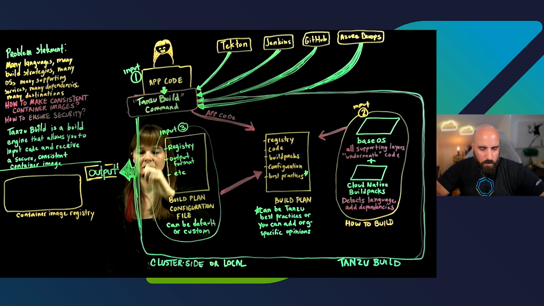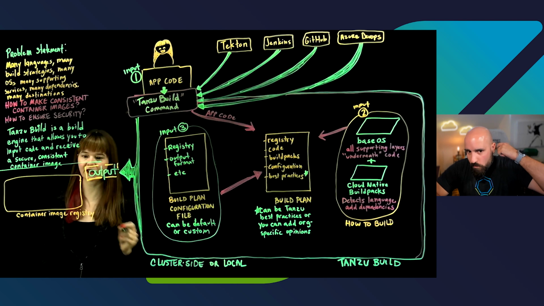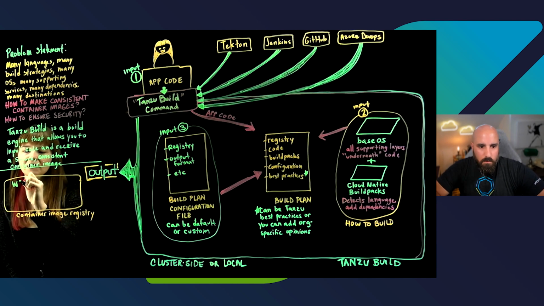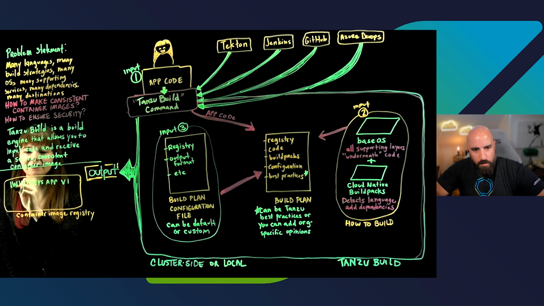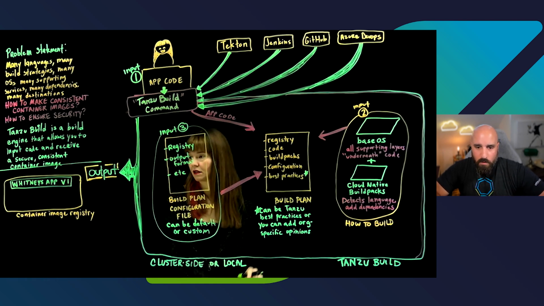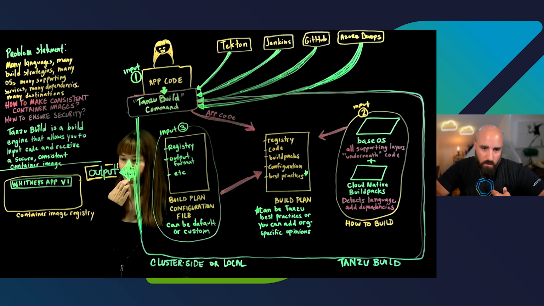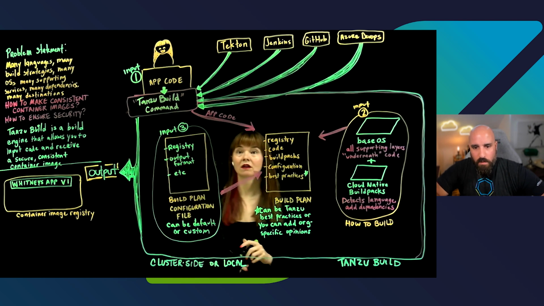So now we have the output: a container image in the registry. We're going to call it Whitney's app, version one, V1. And the second output is the configuration file to deploy Whitney's app on our Kubernetes cluster or on a different platform.